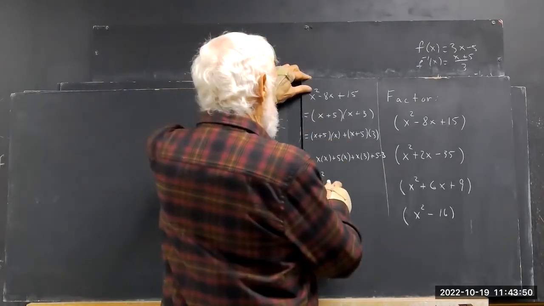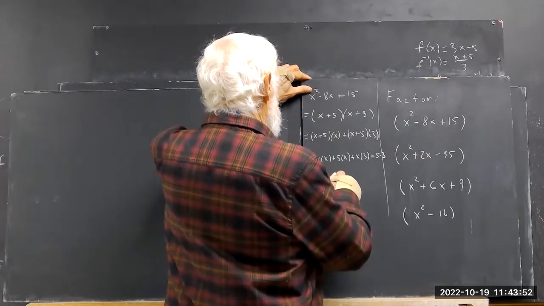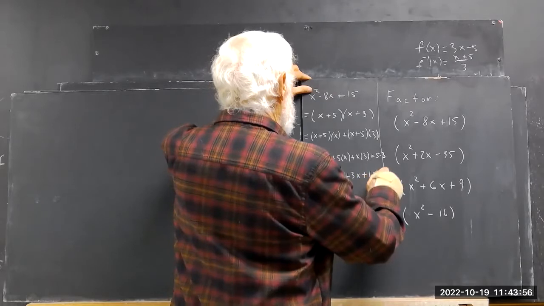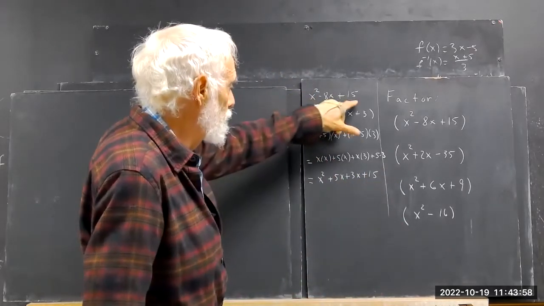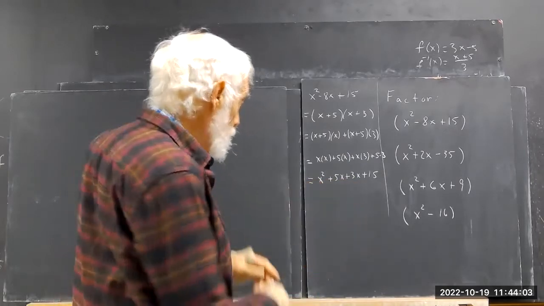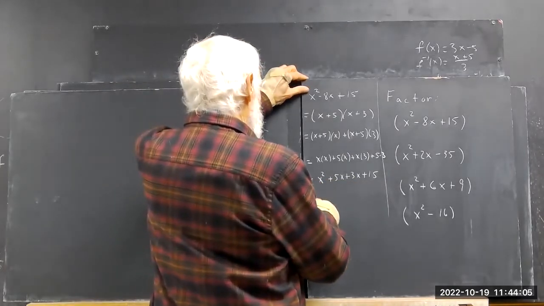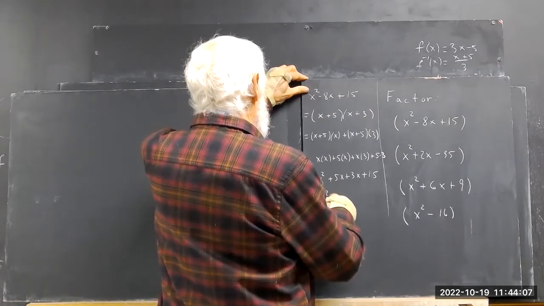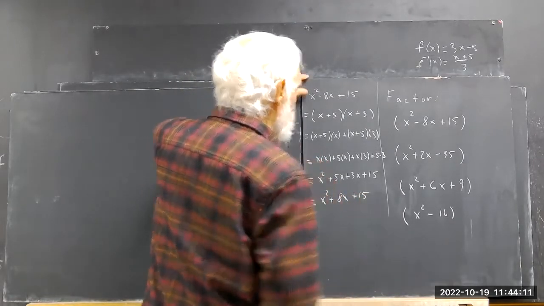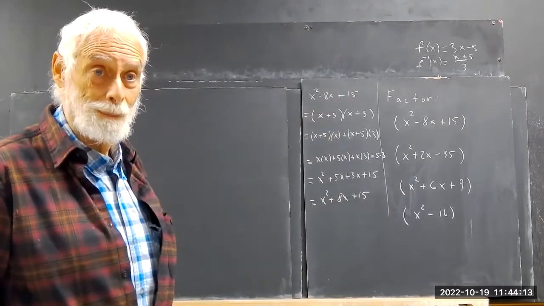And then you've got x squared plus 5x plus 3x plus 15. Looking pretty good. We've got our x squared and we've got our 15. Now, when we do the 5x and the 3x, what we get isn't bad. But 5x and 3x adds up to 8x, not negative 8x.